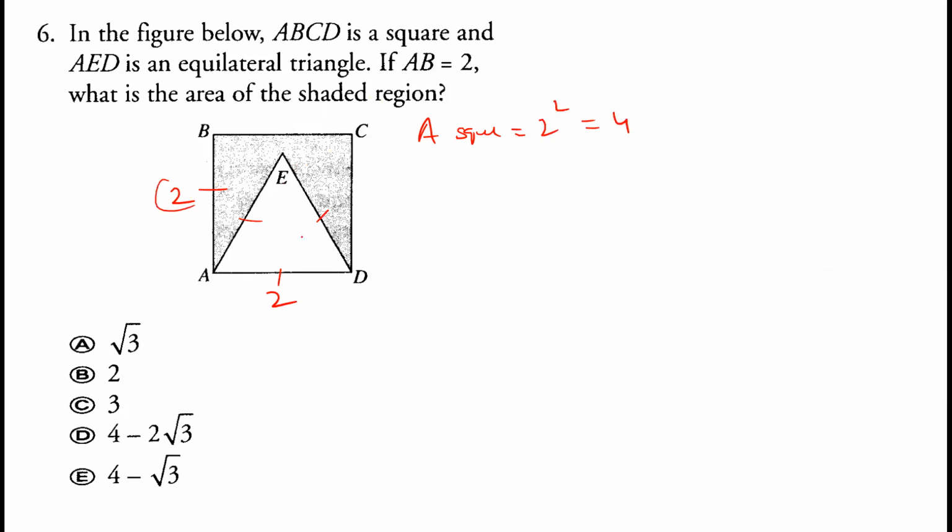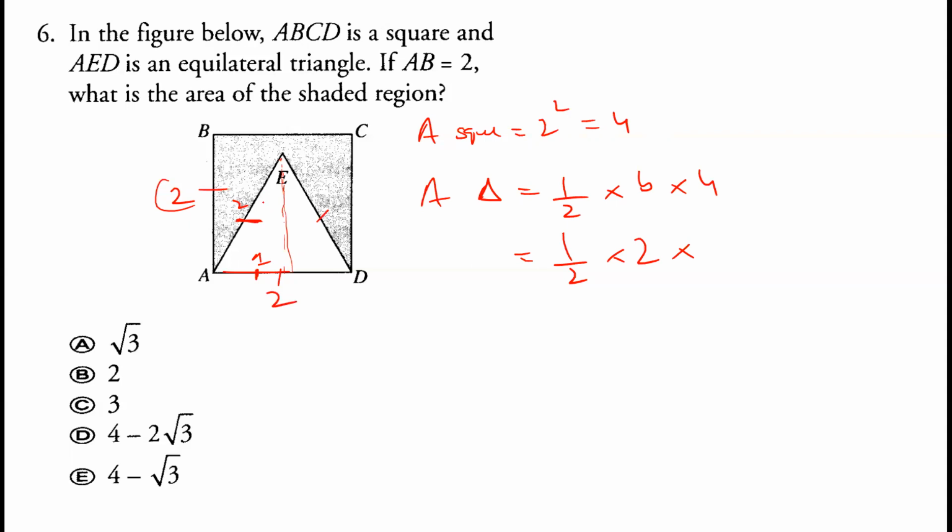And what will be the area of this triangle? The area of a triangle equals half into base into height. We know that base is 2. Now what will be this height? This length is 2. If we divide this triangle into two equal parts, then this length would be 1.